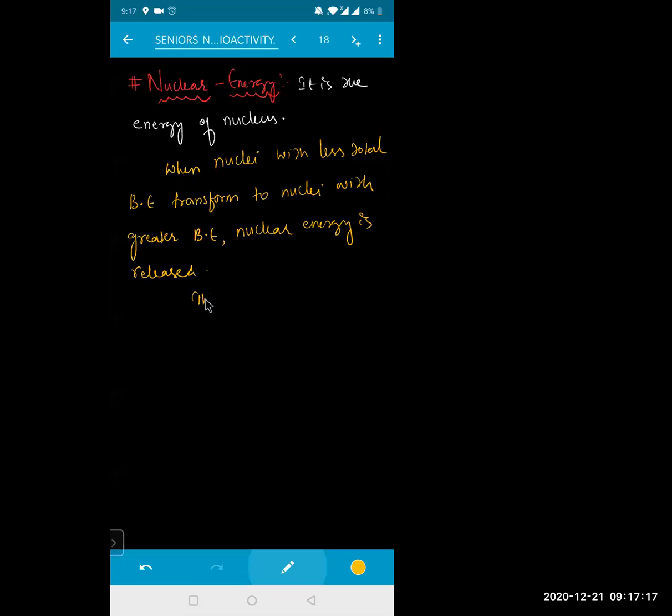So there are two fundamental processes which are being considered for taking out nuclear energy.